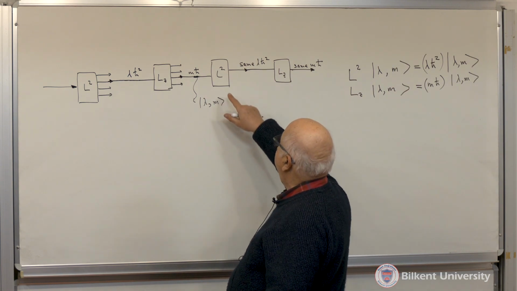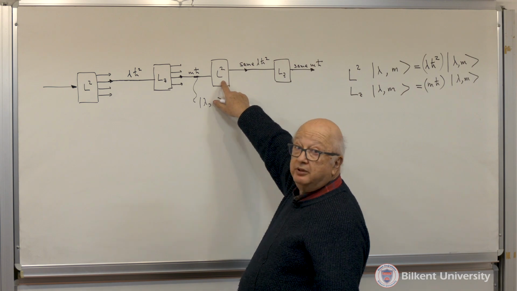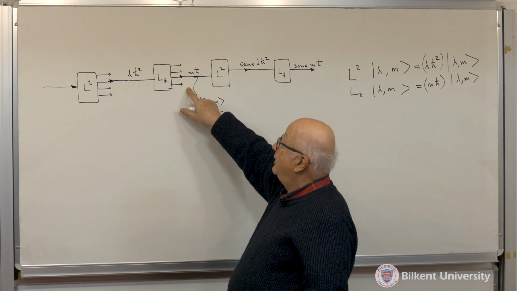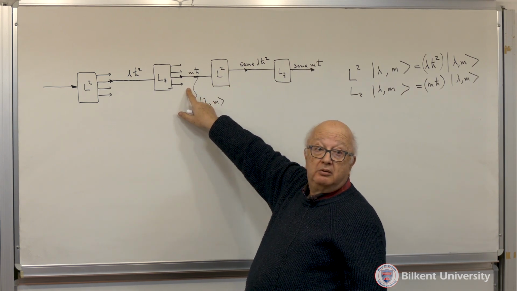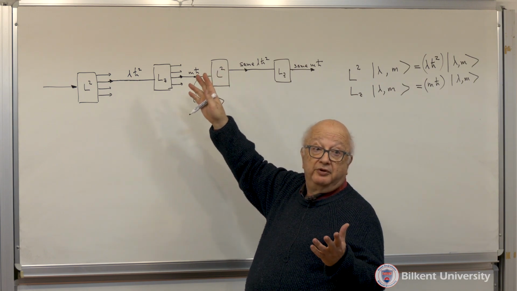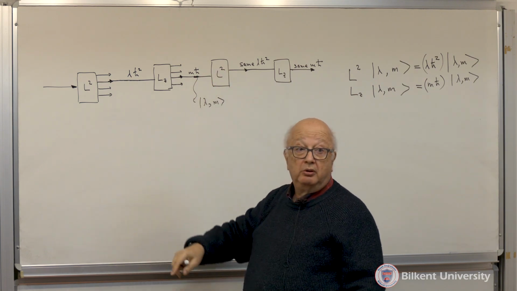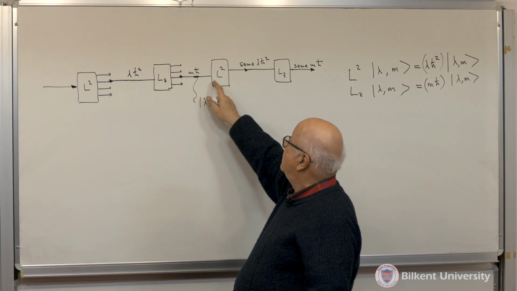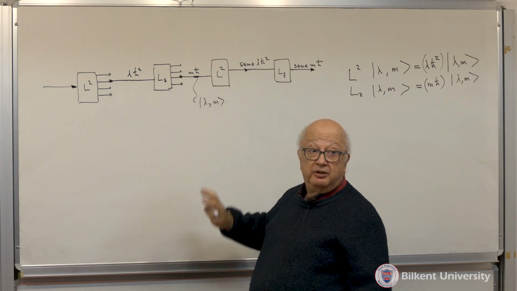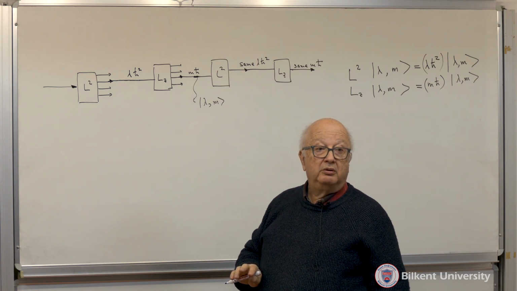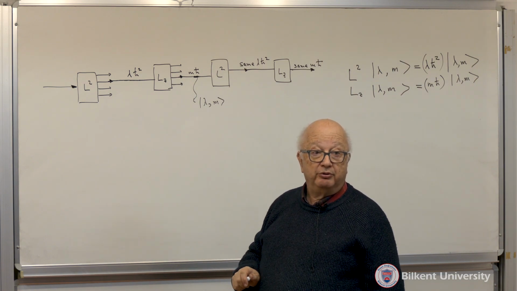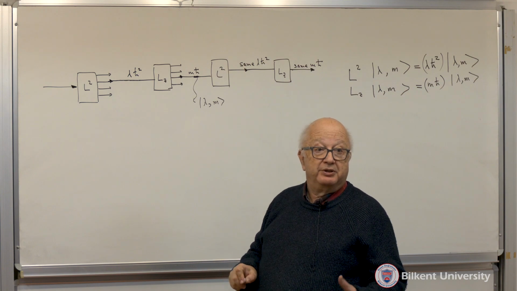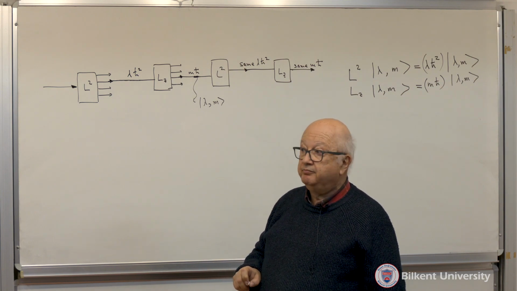So if I make, for example, an Lx measurement here, I have lost my m, because that is now a different measurement. They don't commute. So any measurement here which doesn't commute with these things will destroy the state. So I'm not going to know what happens.